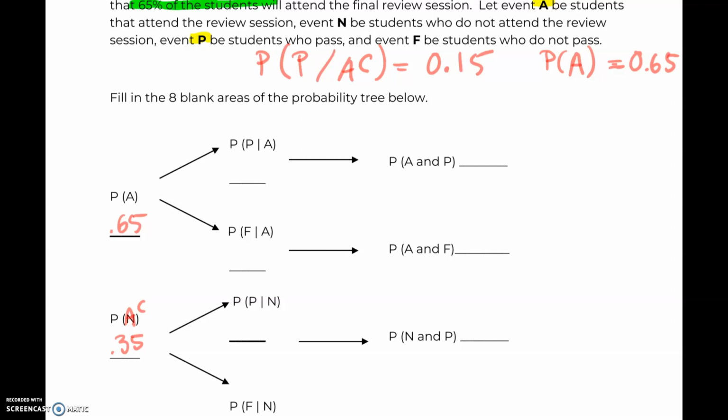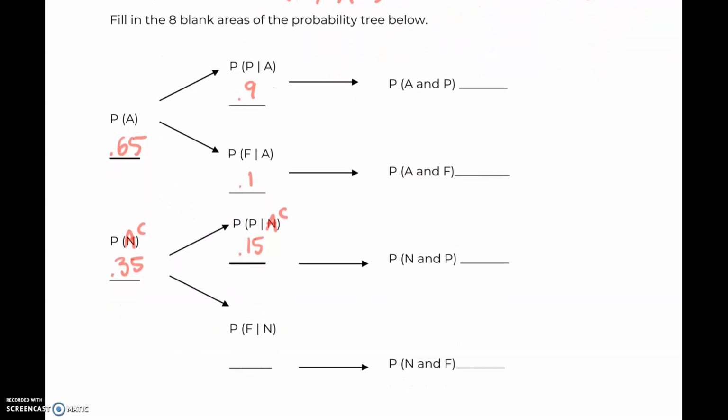We had the probability of P given attending, so we had 90% passing of those who attended. That means we have 10% failing. We have 0.15 passing if they did not attend, and that means we have 0.85 failing if they did not attend. So again, this looks like you definitely want to attend the review session in this class.